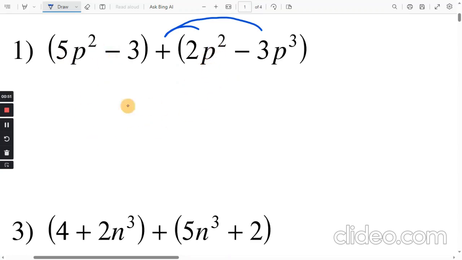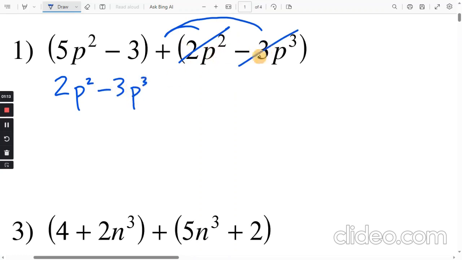So here we have p squared and p squared, they match. So I'm going to take the positive 2p squared and put it under the 5p squared. And then we have negative 3p to the third. We don't have p to the third here, so I'll just write it underneath, negative 3p to the third.